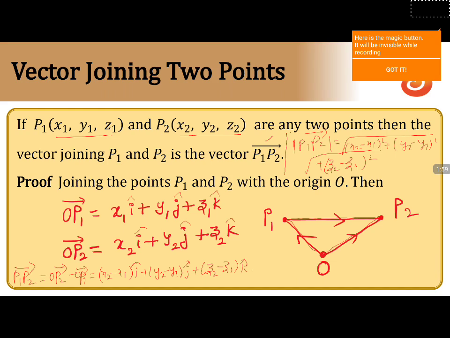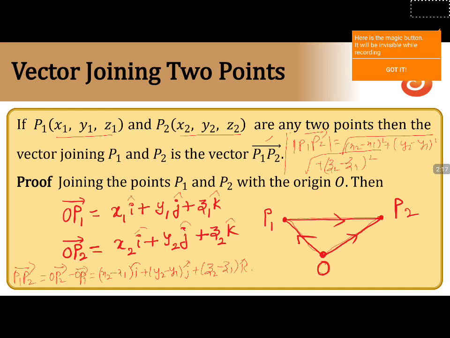Now, we want to take the vector P1P2. Since P1 and P2 are points, if we represent them in the vectorial form, we get position vectors. So P1P2 can be written as vector OP2 minus vector OP1.